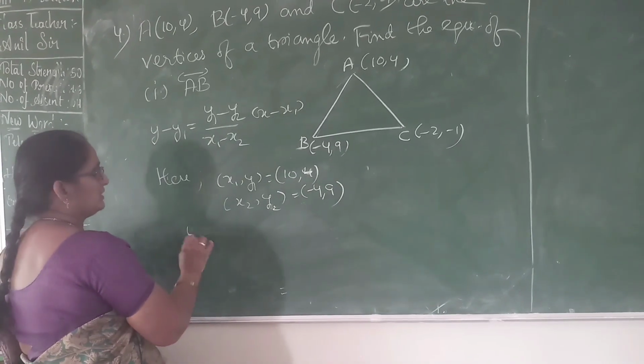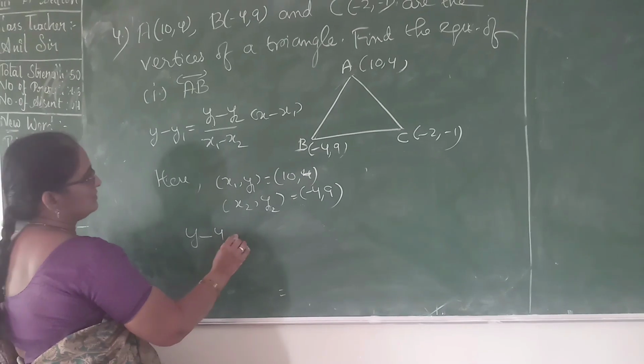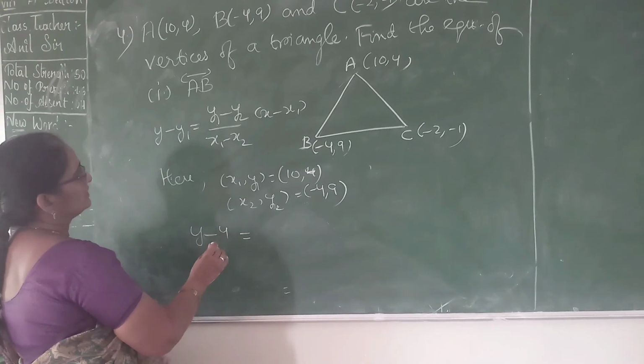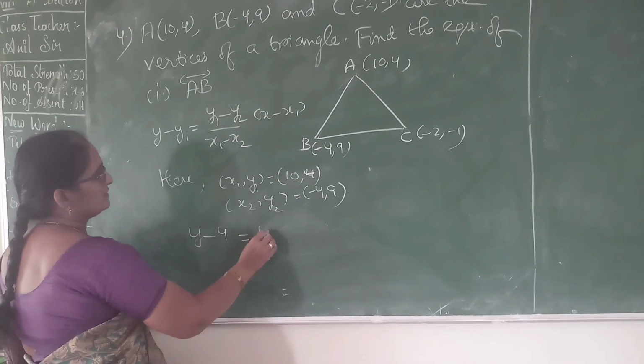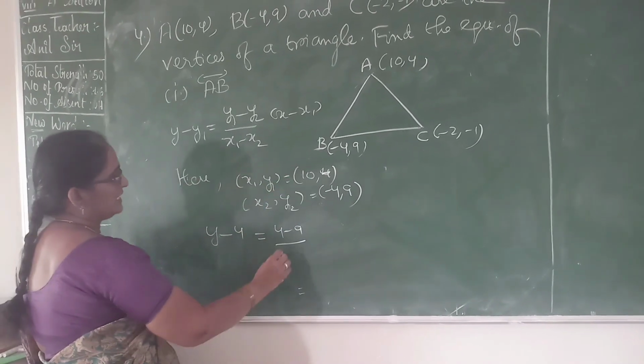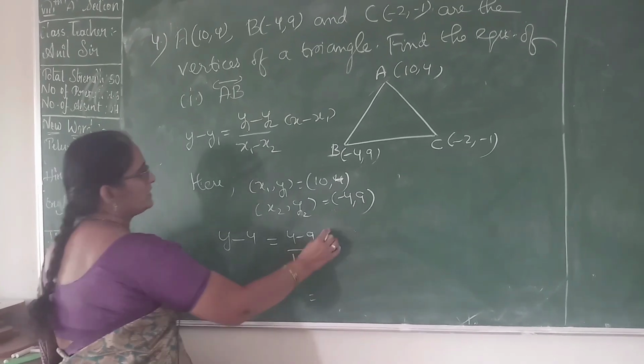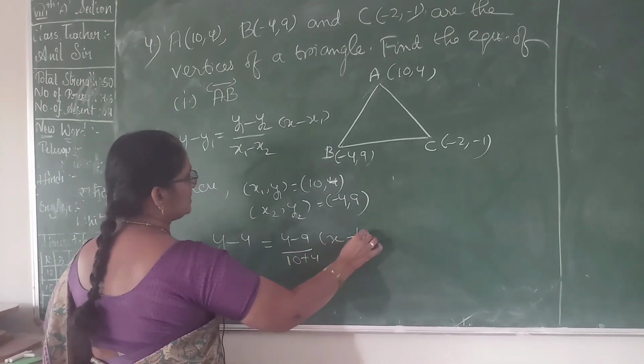Now apply in the formula: y minus 4, next y1 minus y2, 4 minus 9, by x1 minus x2, 10 minus of minus 4, that is 10 plus 4, into x minus x1, that is x minus 10.